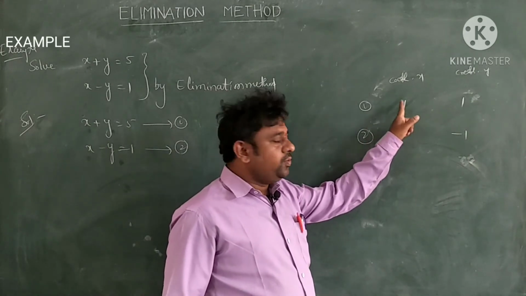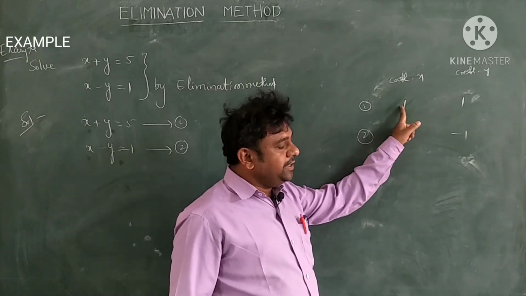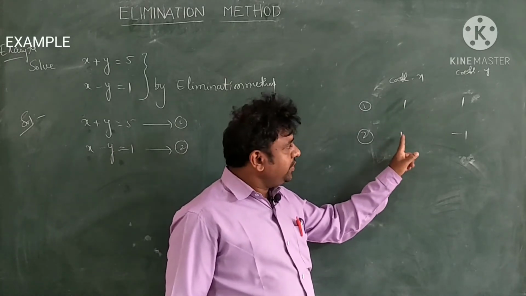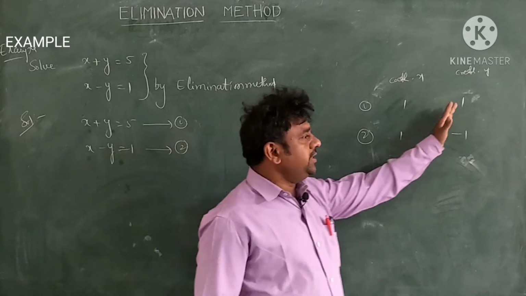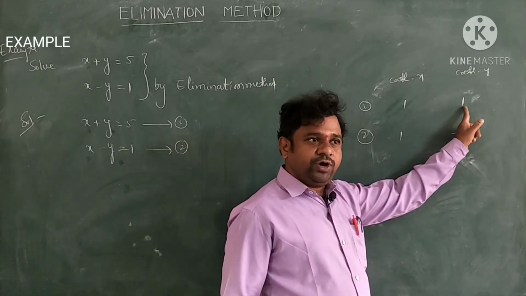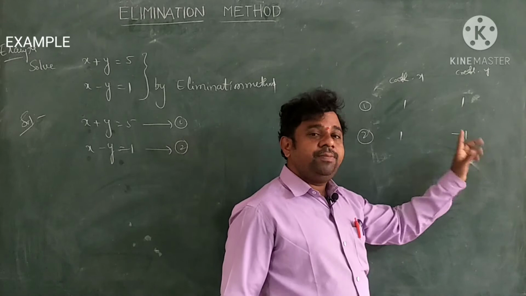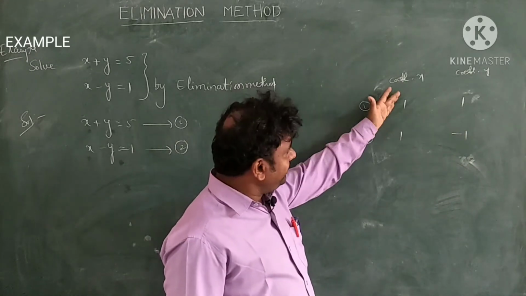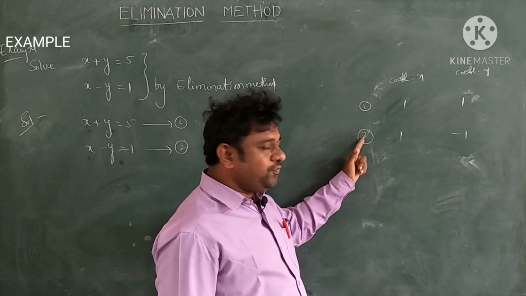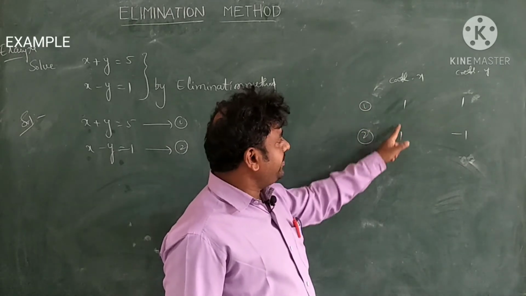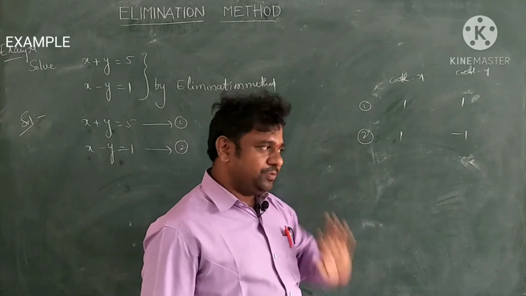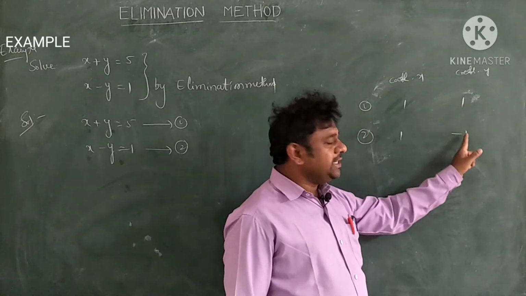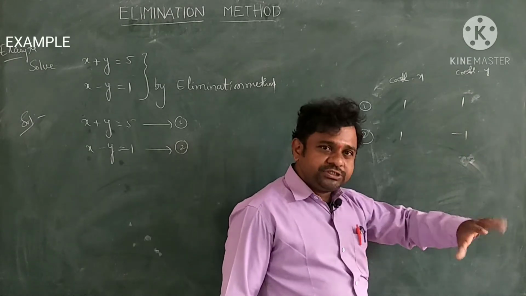Observe students, the coefficient of x is 1 in equation 1. In equation 2 also the coefficient of x is 1. The coefficient of y is 1 in one and minus 1 in the other. If we subtract 2 from 1, 1 minus 1 is equal to 0. If we add 1 and 2, 1 plus minus 1 is equal to 0.